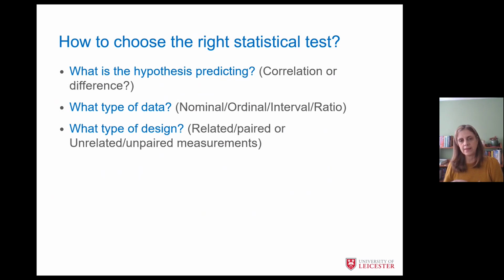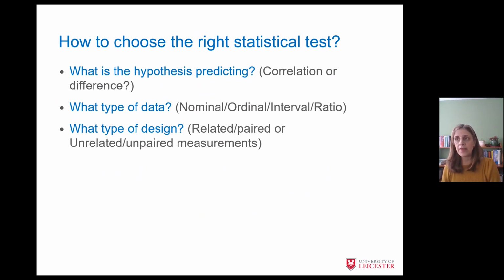So, for example, is blood pressure different between males and females, or is blood pressure correlated with age? As age increases, does average blood pressure increase? You need to think about the type of data that you're looking at. Is it nominal, ordinal, interval, ratio? So, whether it's categorical or continuous, and then what type of data is within that.